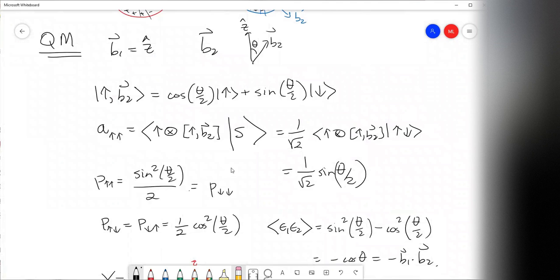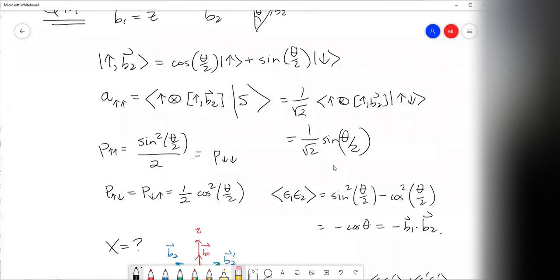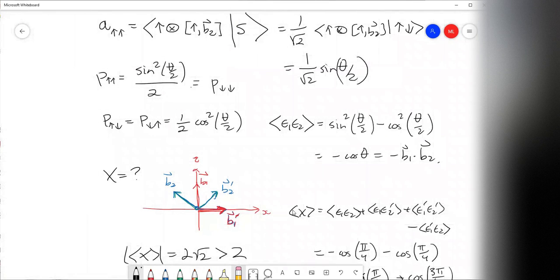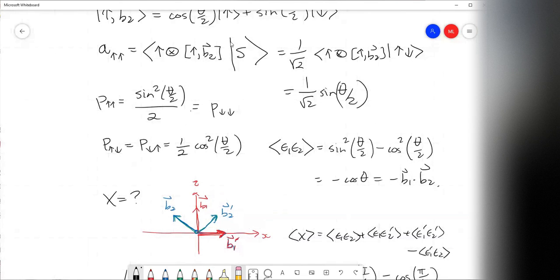And that's what we did using the bras and kets. Now we're doing everything properly within quantum mechanics. So we're calculating this expectation value of this X using the actual states, assuming we're in a singlet state and then measuring along these particular directions, just as an example.